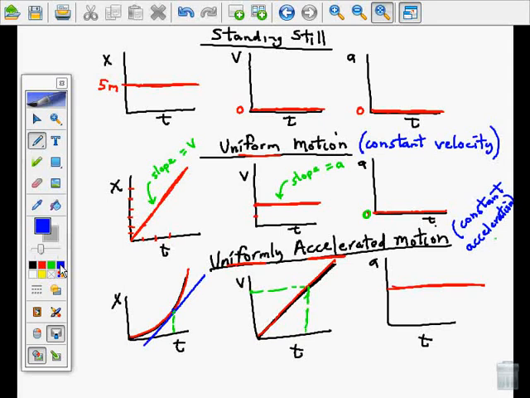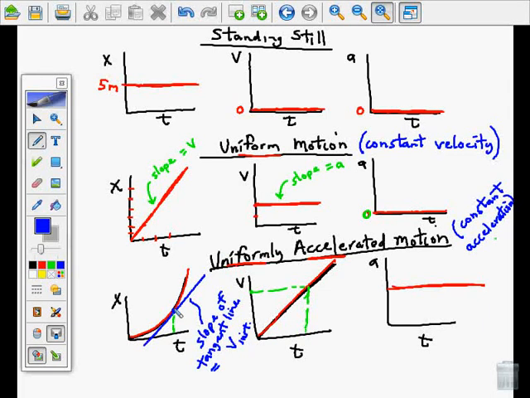So the slope of the tangent line equals the instantaneous speed at the point where the tangent line was drawn.